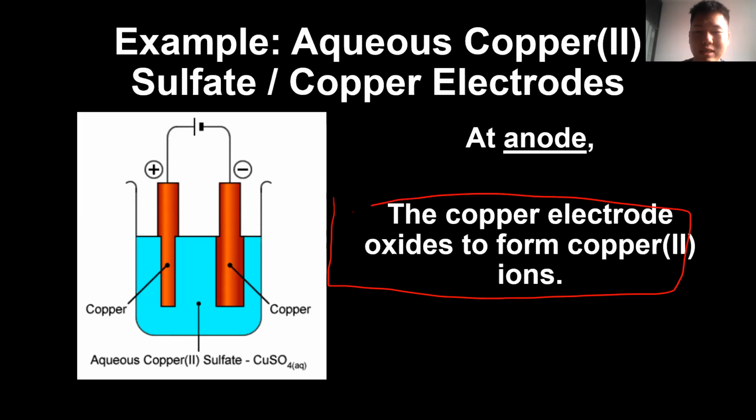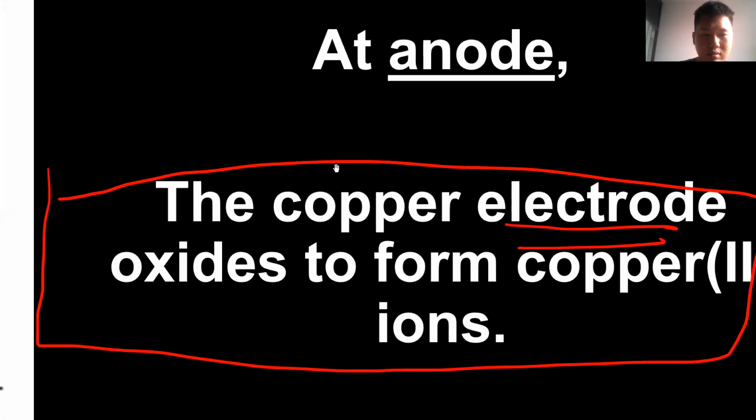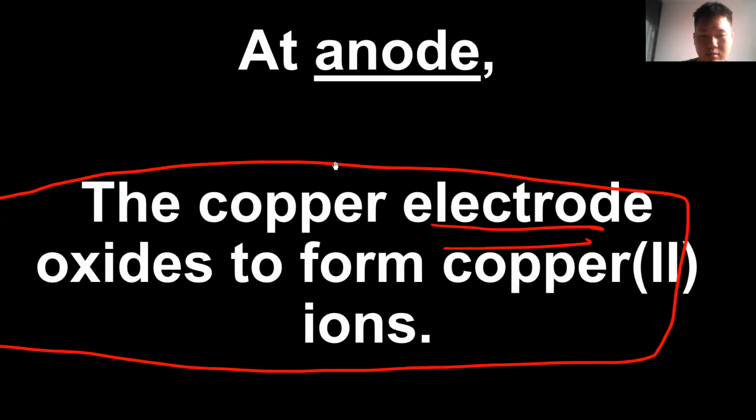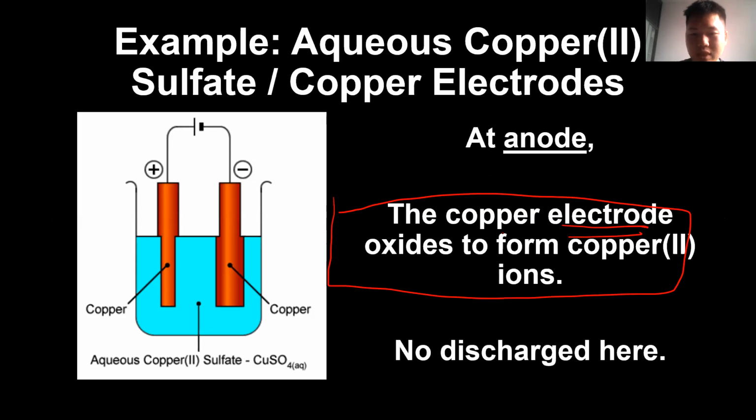So now the copper electrode is the one that is oxidized, and there are no ions here that will be oxidized.